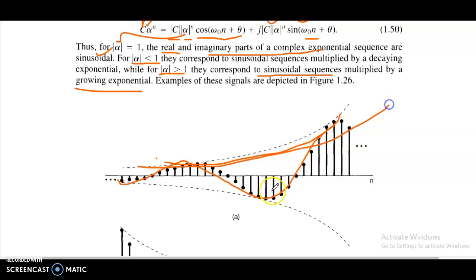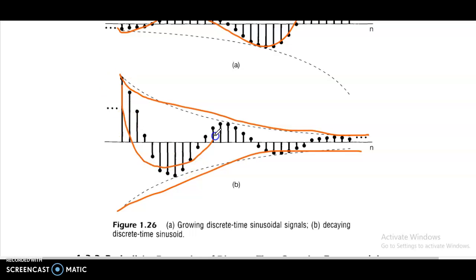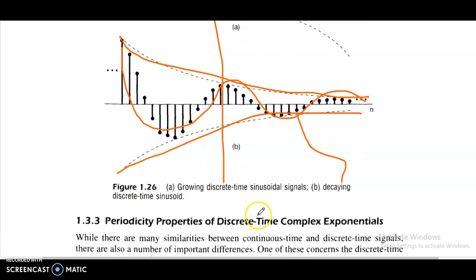Growing exponential signals, like this. When mod alpha is less than 1, the corresponding sinusoidal sequences are multiplied by a decaying exponential. Here the exponential is decaying, so the sinusoidal signal is also decaying. Here we have a growing discrete time sinusoidal signal.